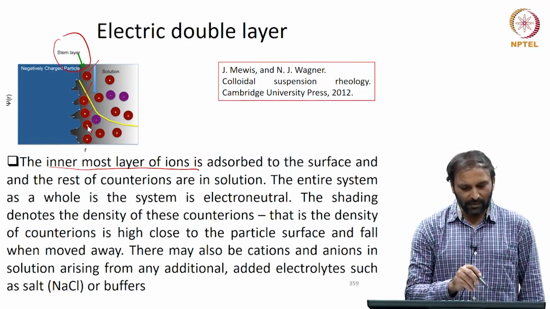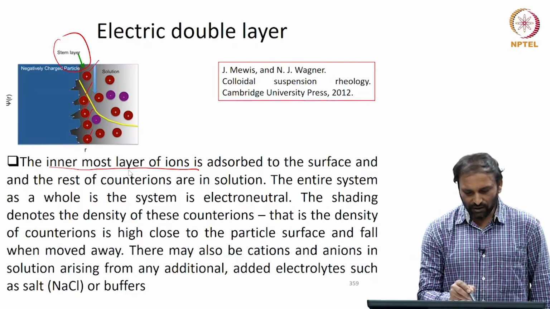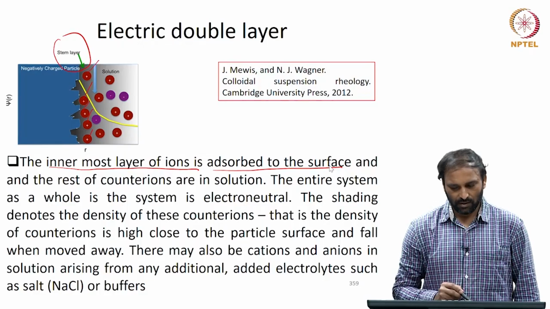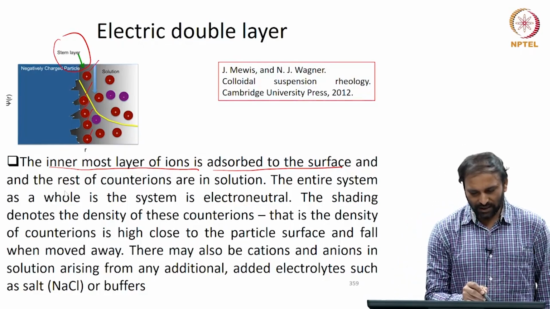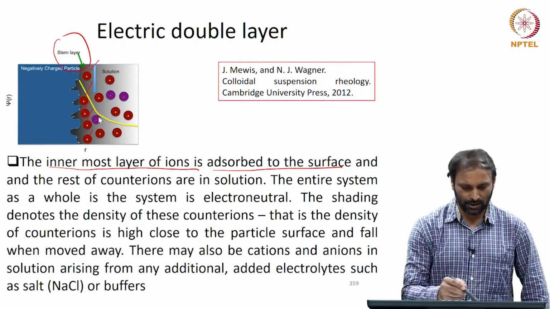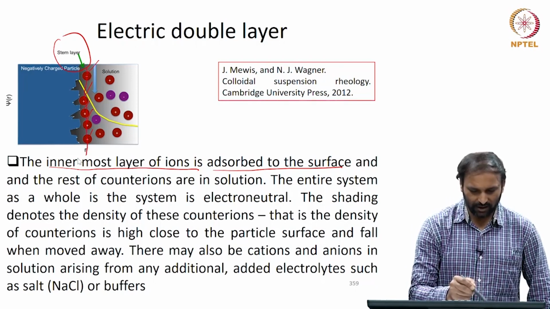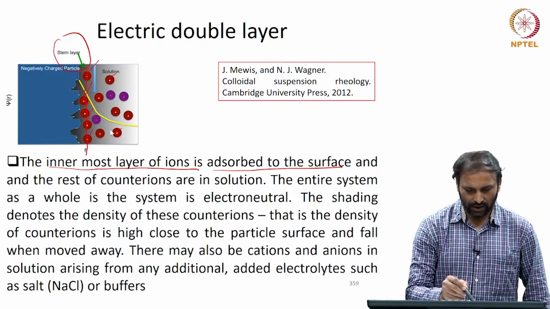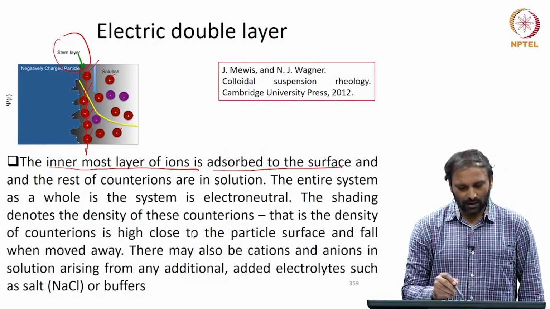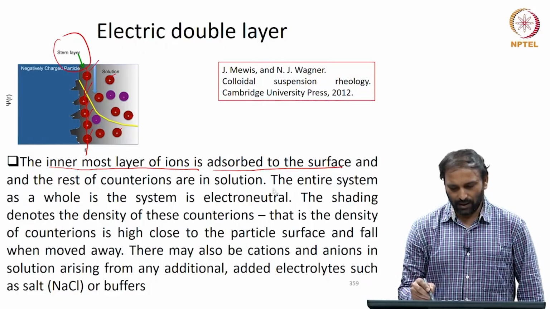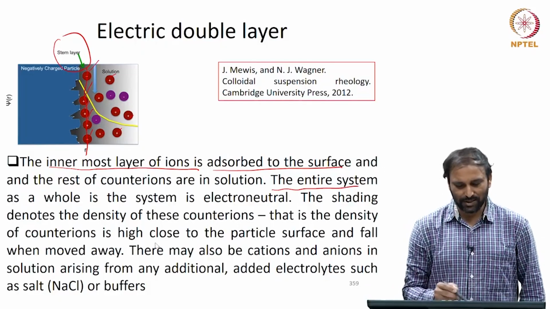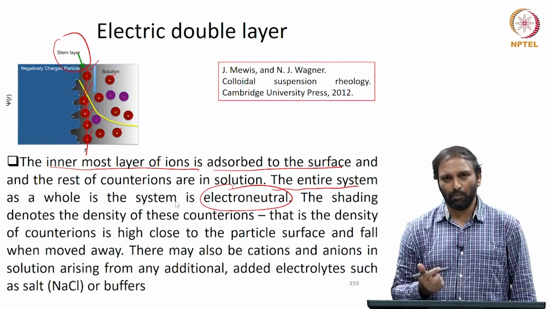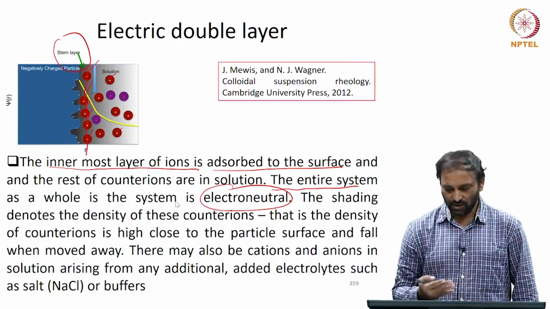In the immediate vicinity of the charged surface, the innermost layer of counter ions is adsorbed to the surface, and the rest of the counter ions are in solution, and of course there are some other counter ions as well. The entire system as a whole is electroneutral because there will be equal numbers of positive and negative charges in the solution.